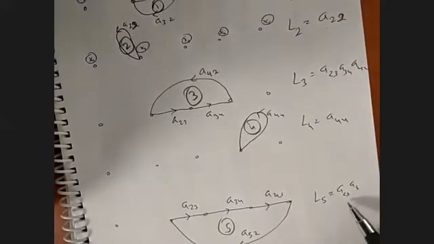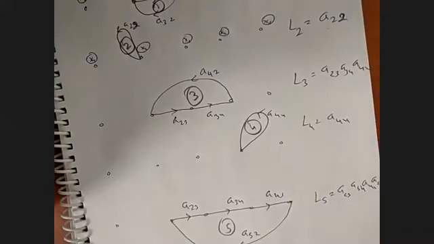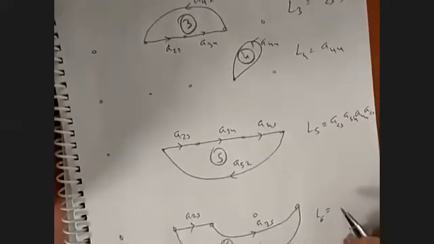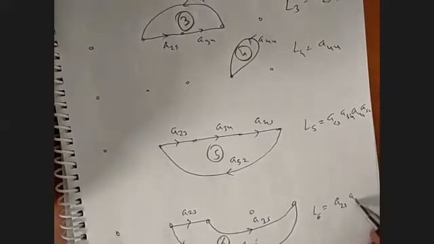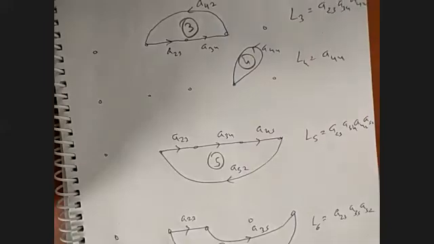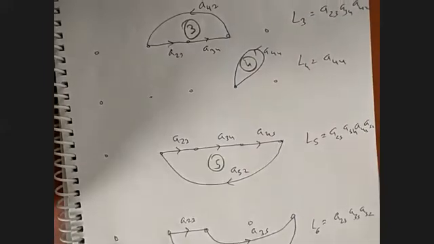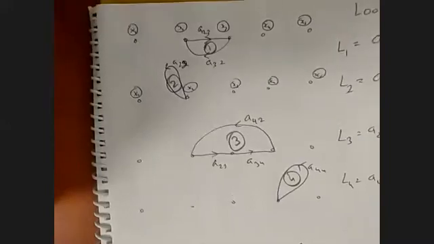L5 is A23, A34, A45 and A52. And L6 is A23, A35 and A52. These are the 6 loops which are present in this system. So we have found L1, L2, L3, L4, L5 and L6. This is your step 2.